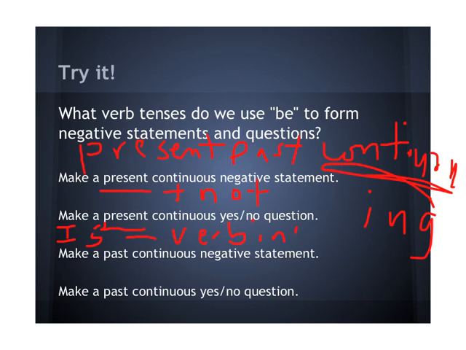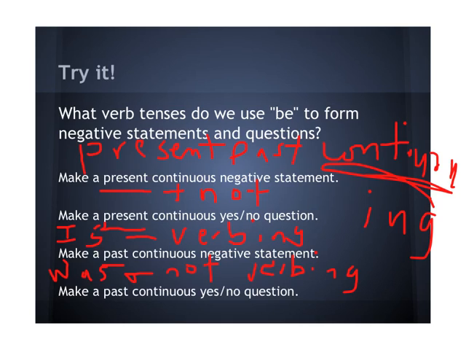That's right, ing. Okay, let's try a past continuous negative statement. Now, if we're in the past verb tense, we're not going to use is, am, or are. So we're going to start with either was or were plus not to make it negative. And don't forget, you got to have that verb plus ing.